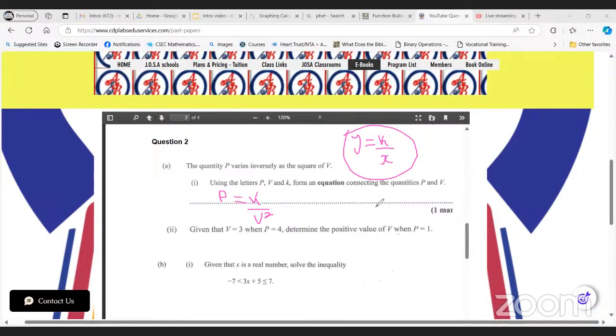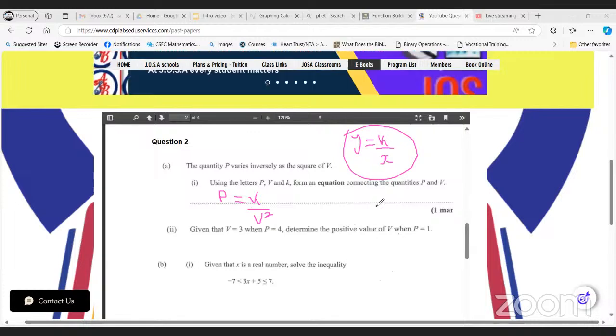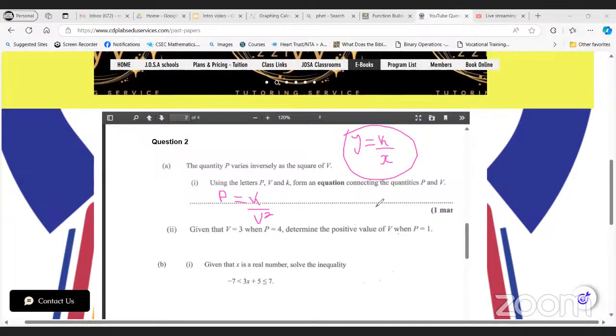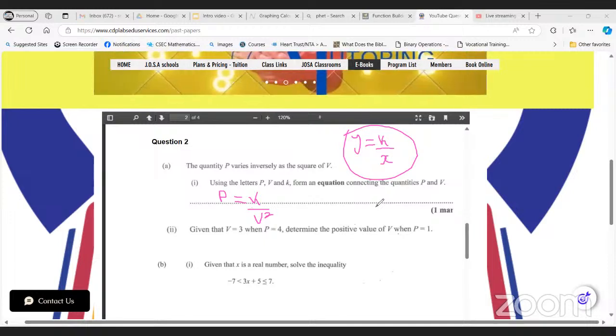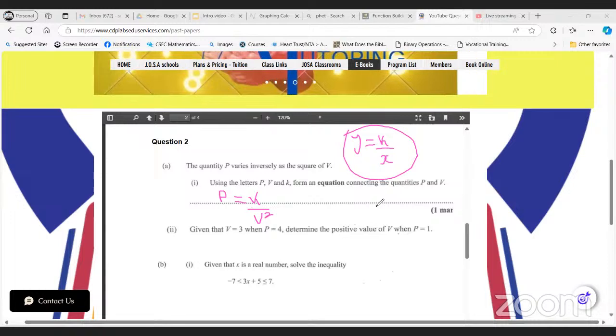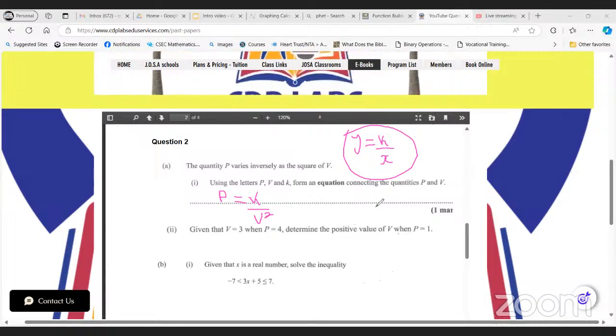Good? And that would be your answer. So P equals K divided by V square.